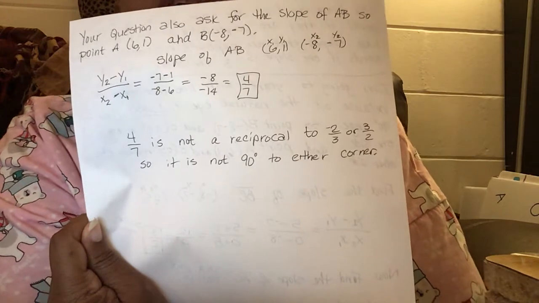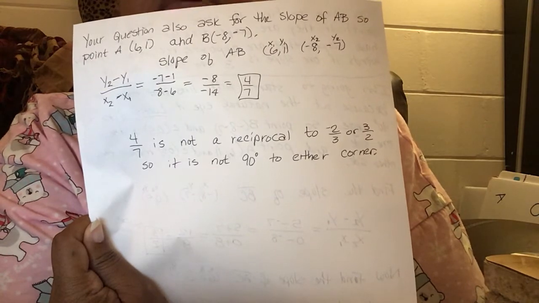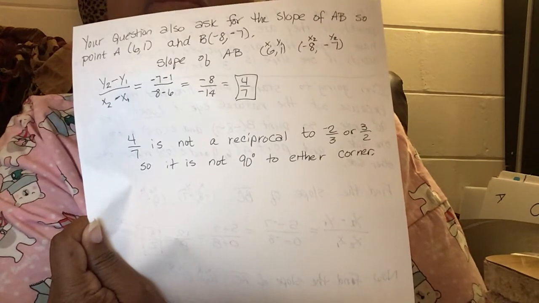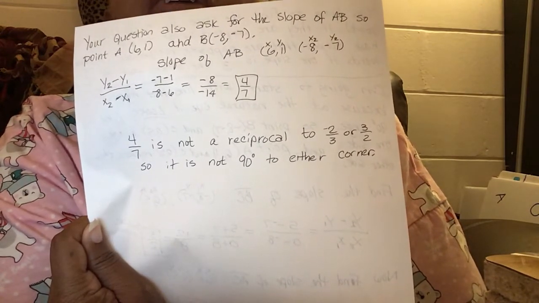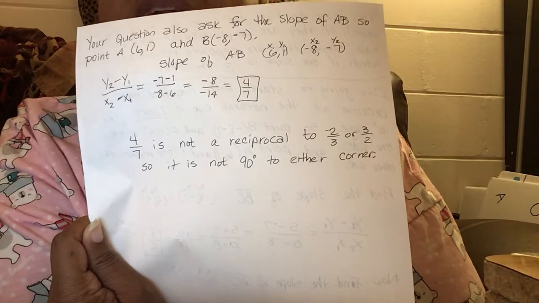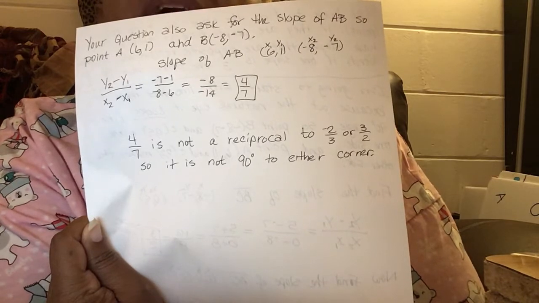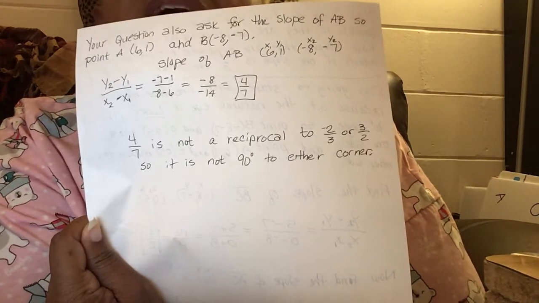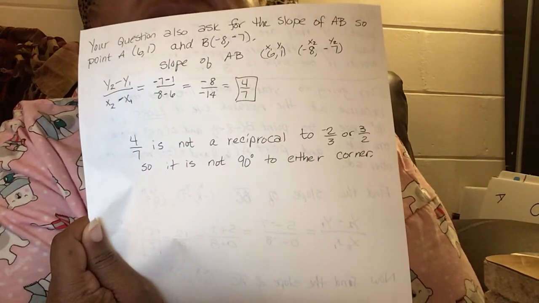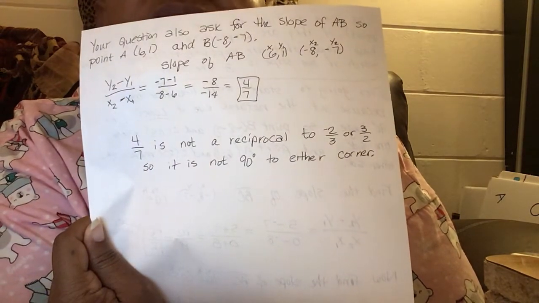Using x1, y1, x2, y2, we get -7 minus 1 over -8 minus 6. So that would be -8 over -14. Because we have a negative divided by a negative, that becomes a positive. We reduce it to 4 over 7 because 2 goes into both of them.